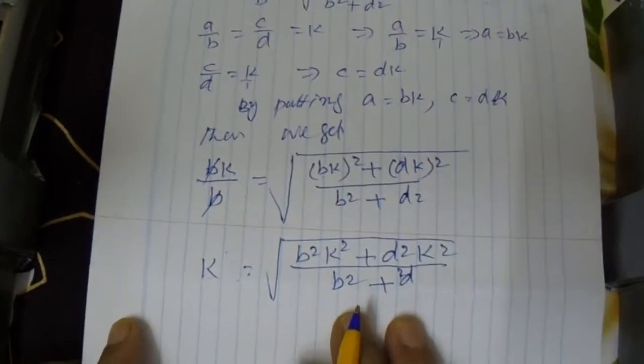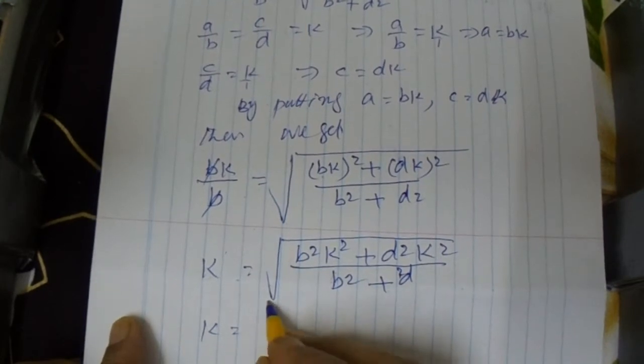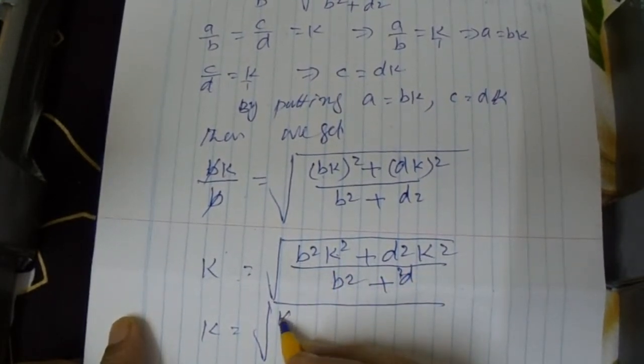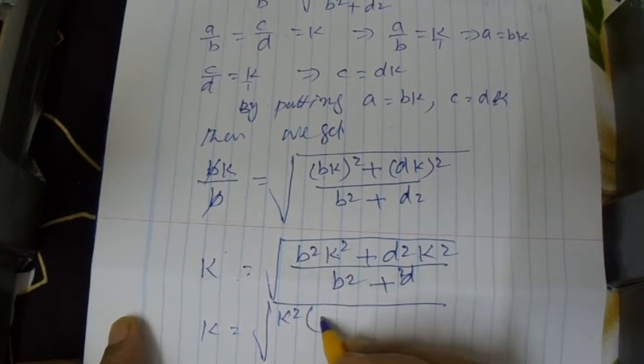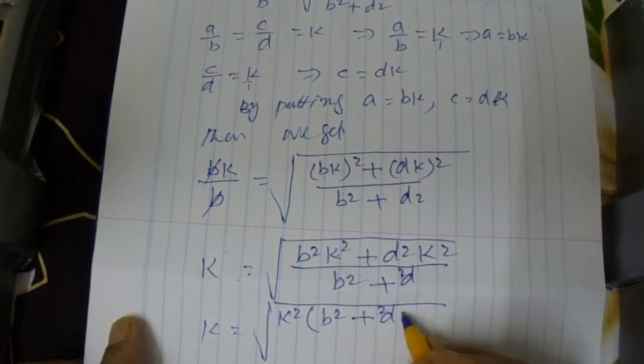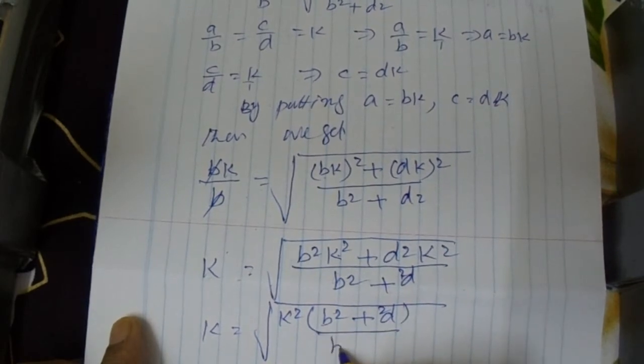Now this again k is equal to, we take k square common from this and inside b square plus d square, and over also b square plus d square.